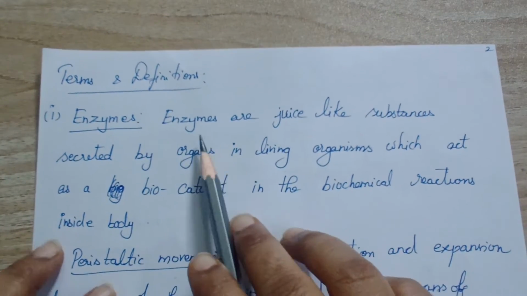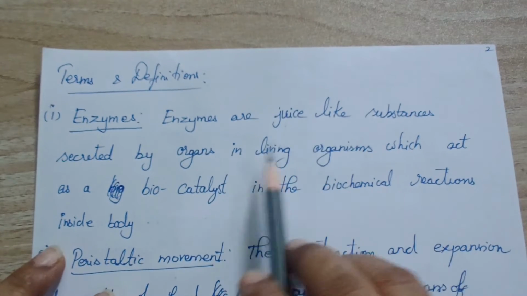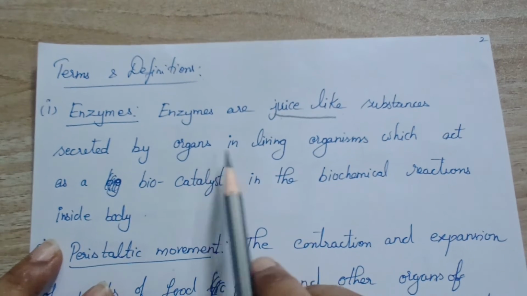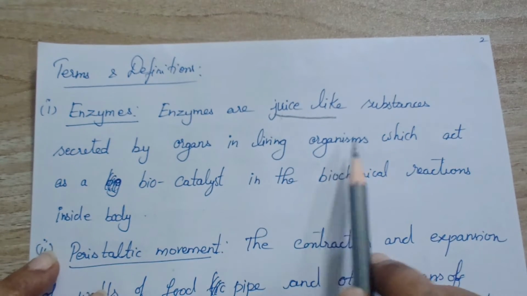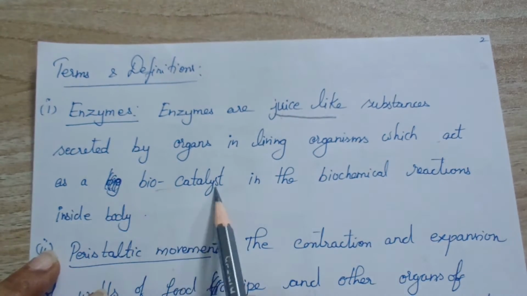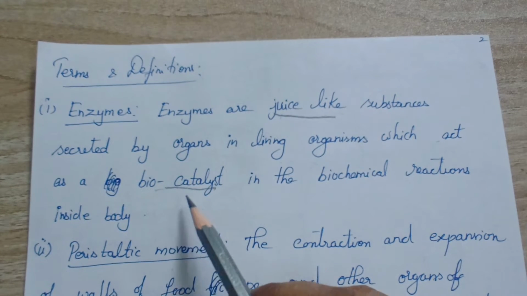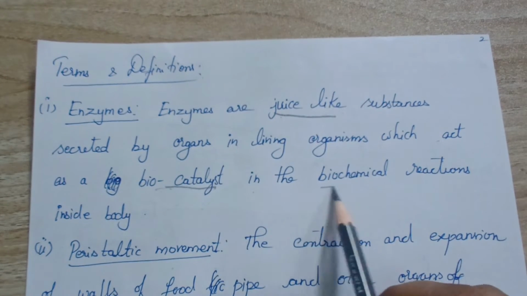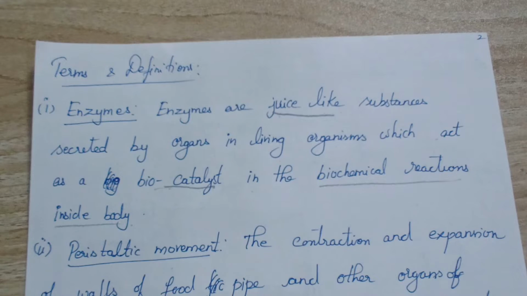Enzymes are juice-like substances secreted by organs in the living organism, which act as a biocatalyst. Catalyst means it speeds up the process, right? Biocatalyst in the biochemical reaction inside the body.